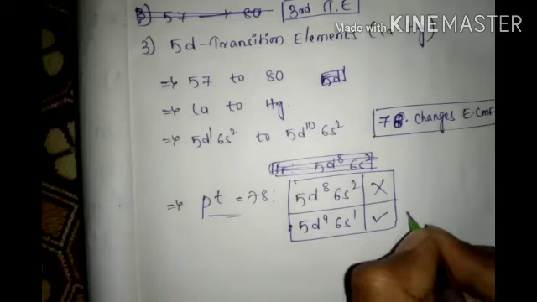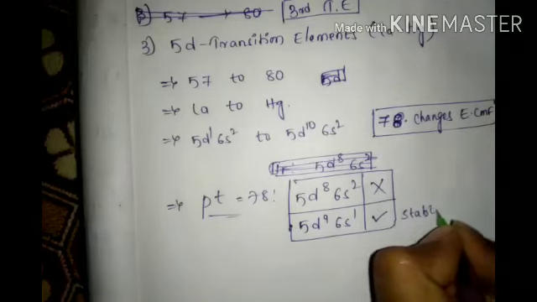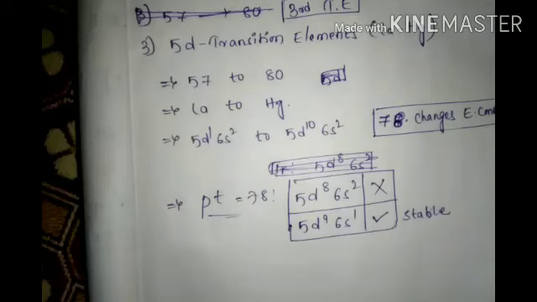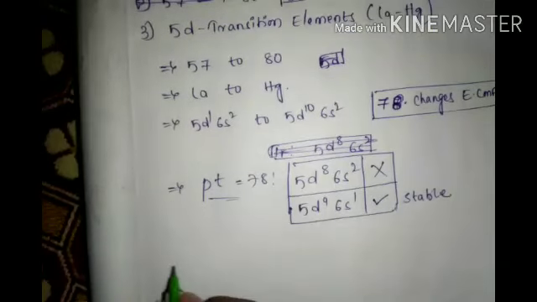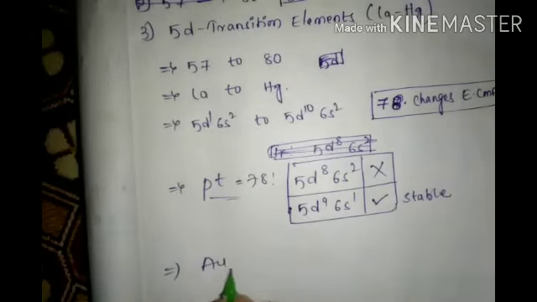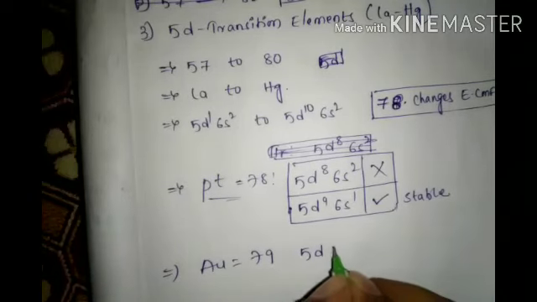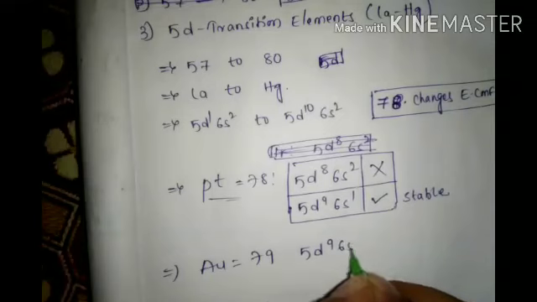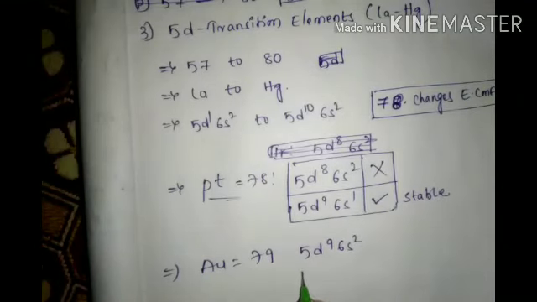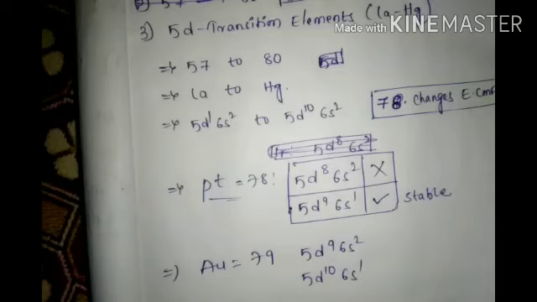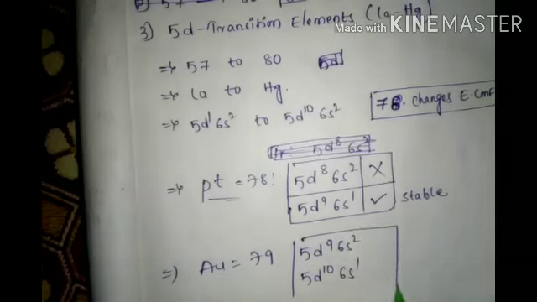Stable. Platinum. After platinum, gold, 79: it is 5d9 6s2 that should come. But what is coming? 5d10 6s1 is coming. Okay?